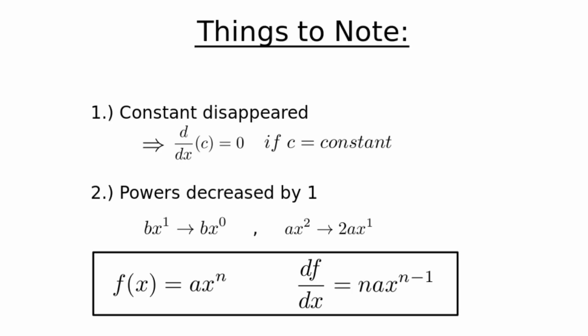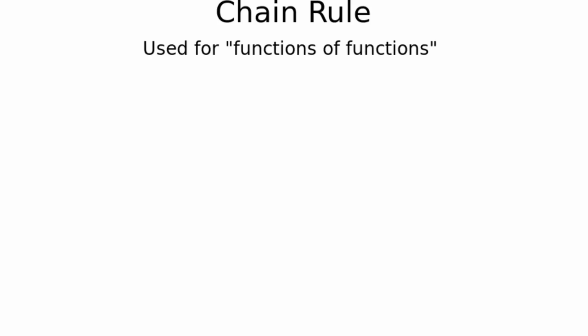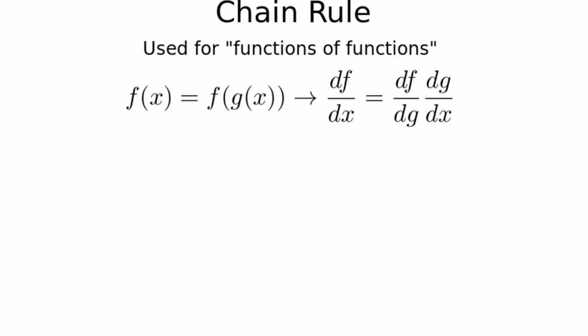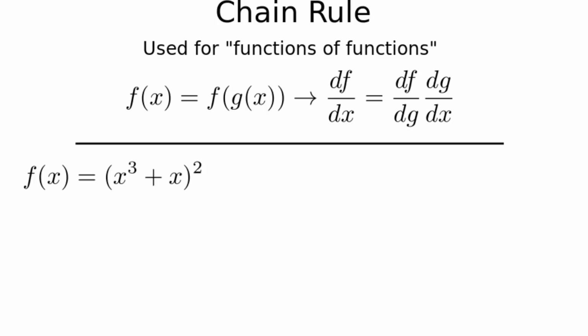Another important derivative rule is known as the chain rule, and describes the derivatives of functions that can be written as functions of functions. If we have something that looks like f of g of x, the derivative will be given by df dx is equal to df dg times dg dx. As an example, consider the function f of x is equal to x cubed plus x quantity squared.